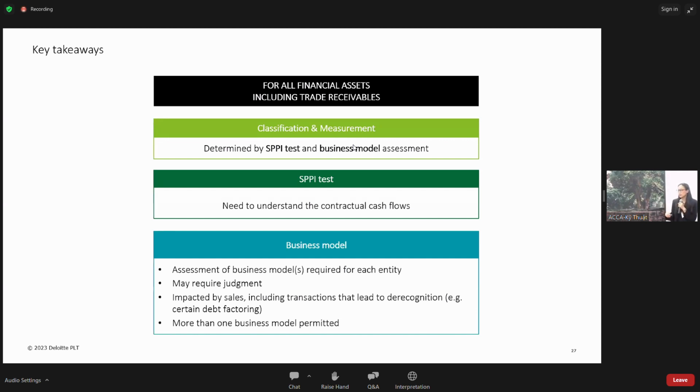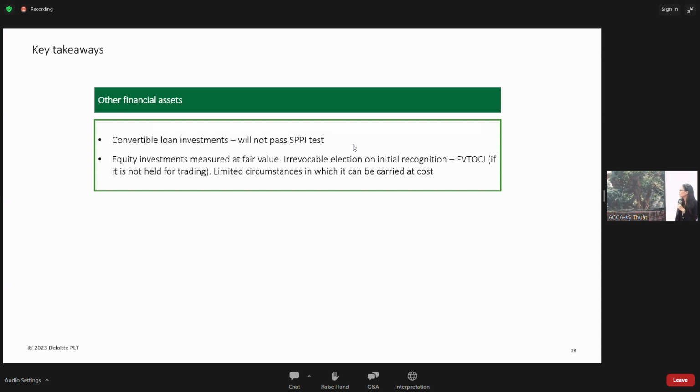Right? So there are some companies that prepare themselves to embark on IFRS 9 by having simulations to know what will be the potential financial statement impact if this is the potential business model. And then they put that in their policy based on what they think they are comfortable with eventually. Okay, for other financial assets, things like convertible loan investments, take note, will always fail the SPPI test because convertibility is not a basic lending arrangement.